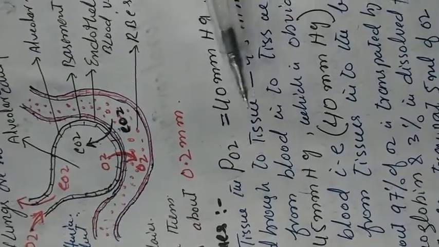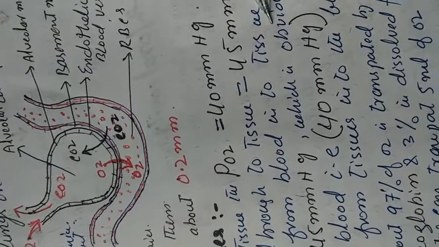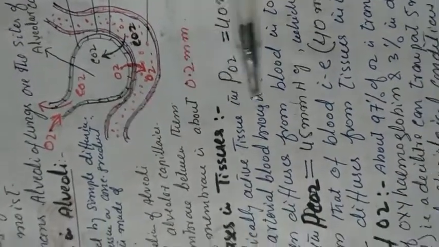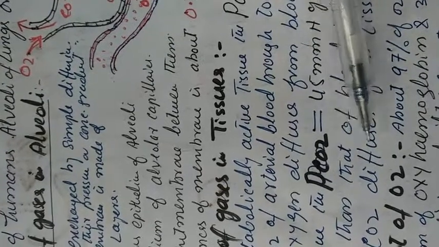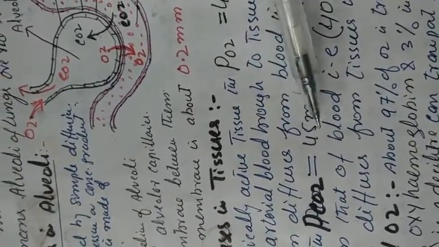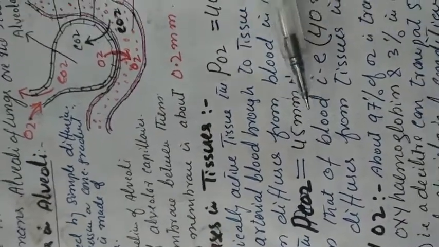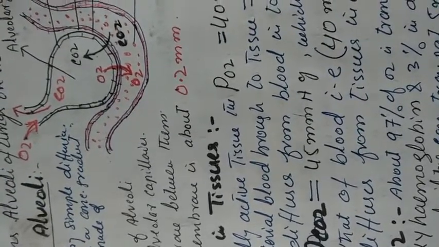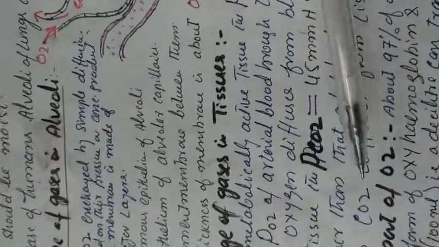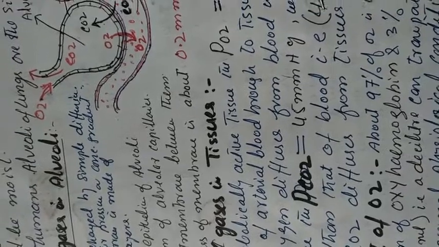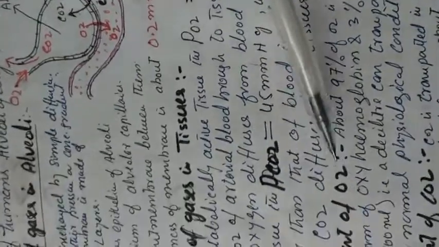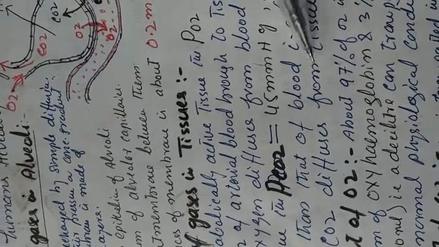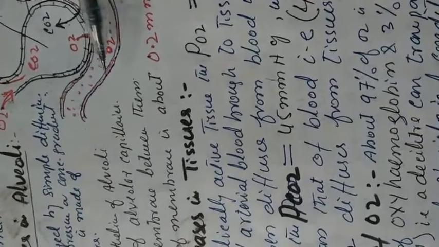So, oxygen diffuses from blood into the tissues. Now, in the tissues, the partial pressure of carbon dioxide, designated as PCO2, is normally equal to 45 millimeters of mercury, which is obviously higher than that of the blood, that is 40 millimeters of mercury. So carbon dioxide diffuses from the tissues into the blood.